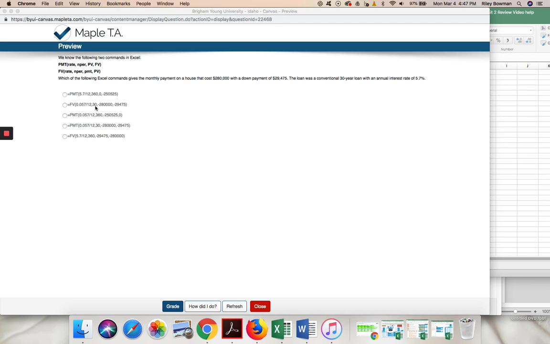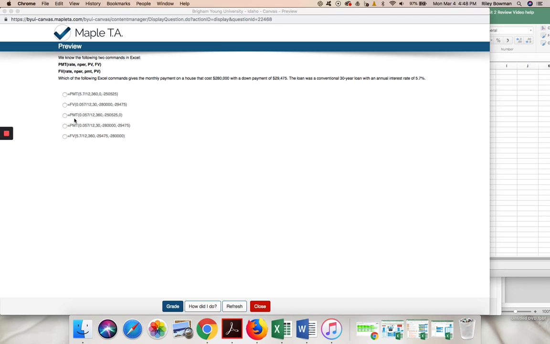I need to multiply that by 12. This is negative 280,000 with a present value of negative 29,475. But you'll see this is future value, not payment, and we want the payment, so I know that's not it.